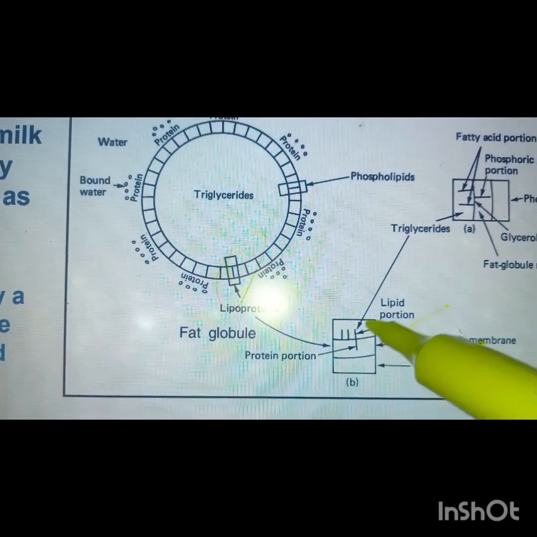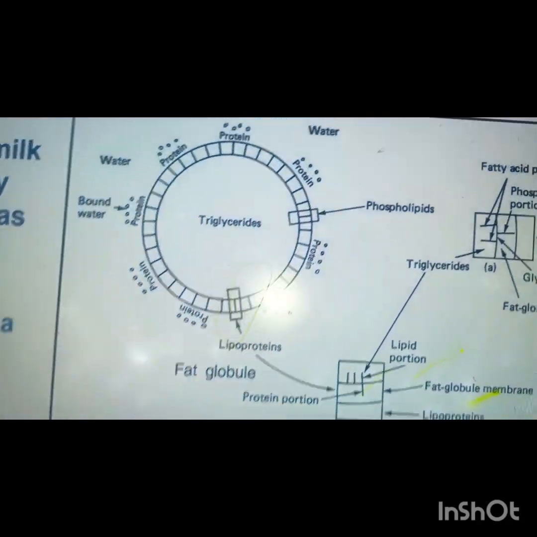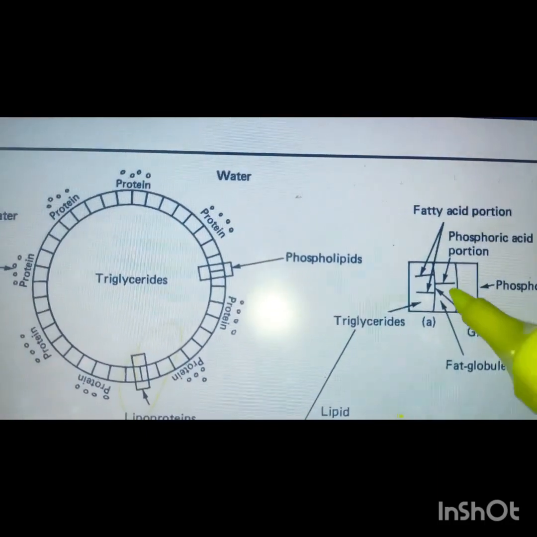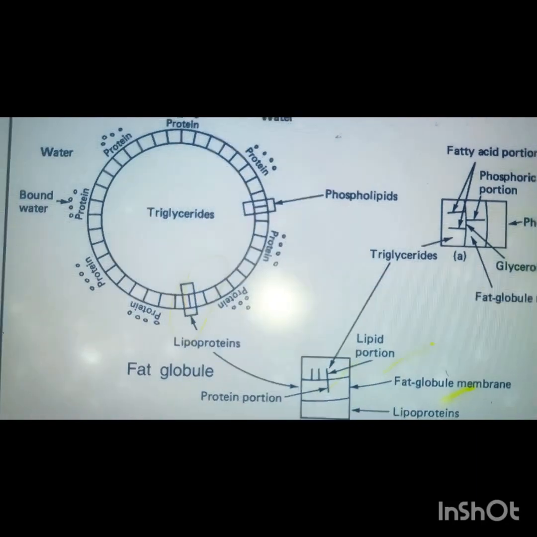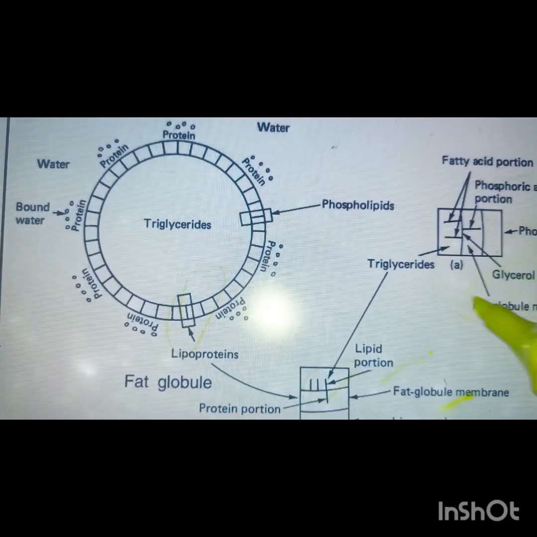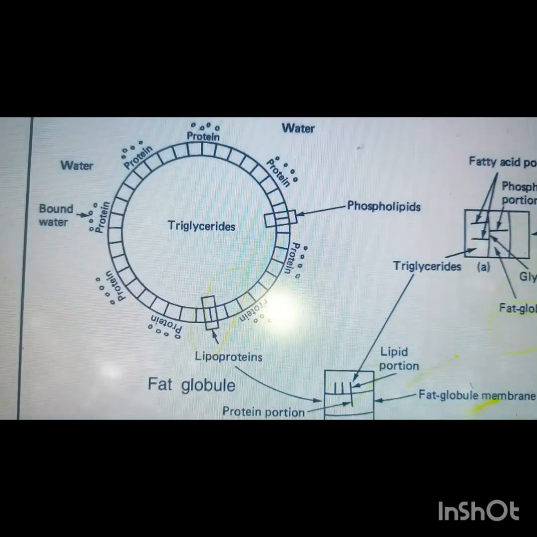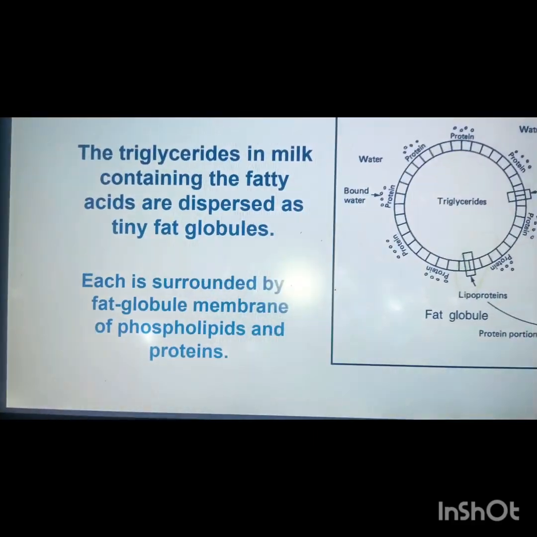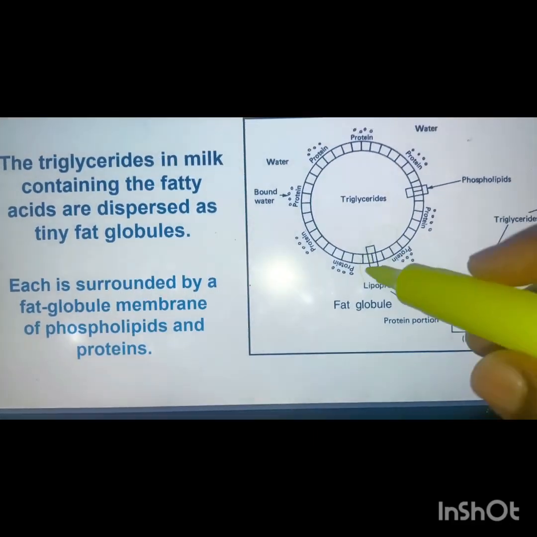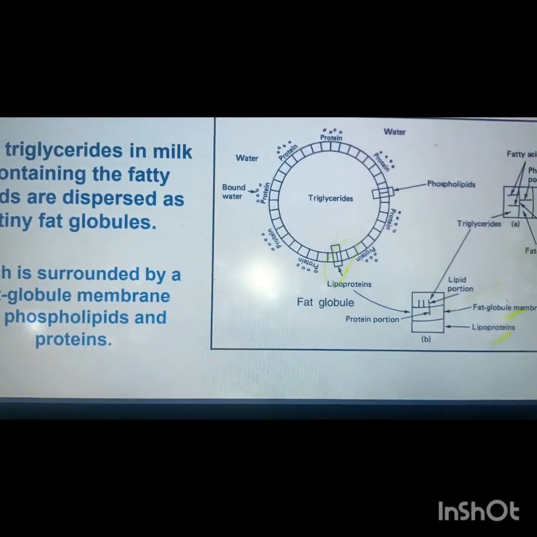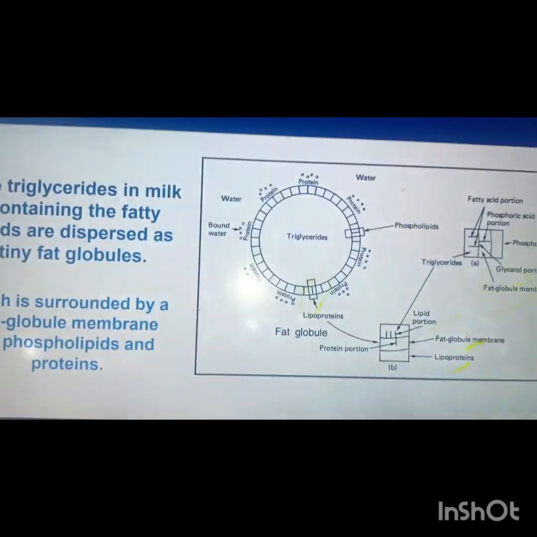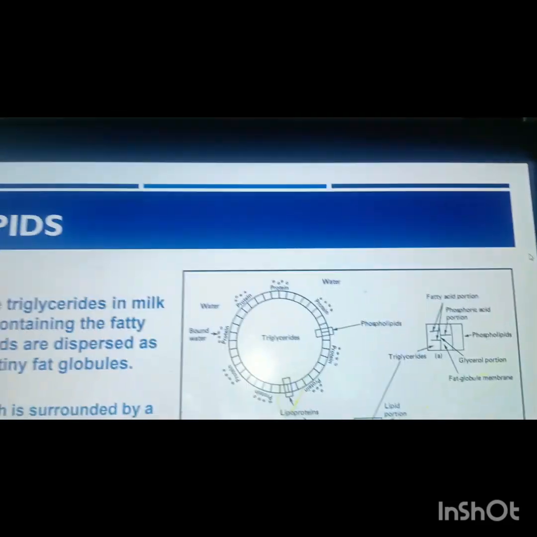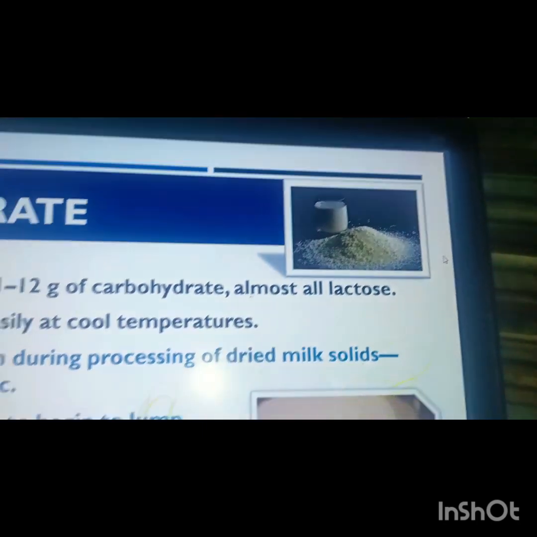If you take the lipid portion further, you will get the fatty acid portion and the phosphoric portion, so you have phospholipids. Generally, we have glycerol and fat globules. This whole chain makes the lipid a sort of lipoprotein. Each fat globule is surrounded by a membrane of phospholipid protein.